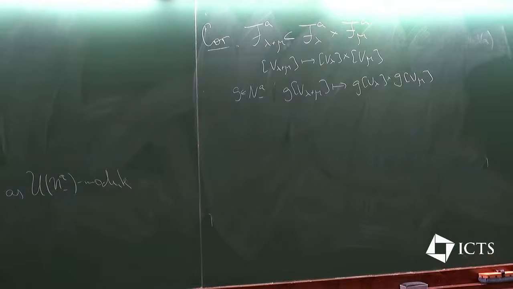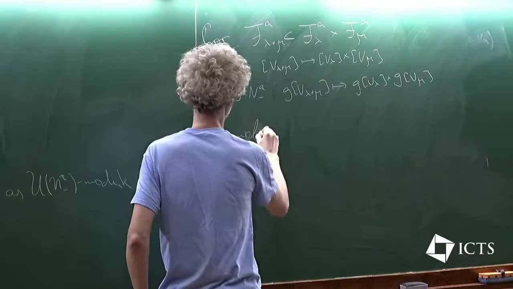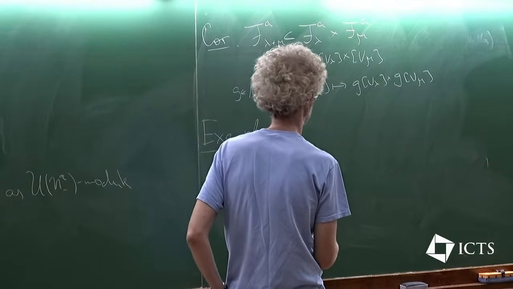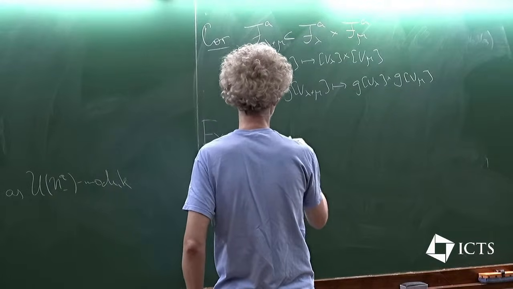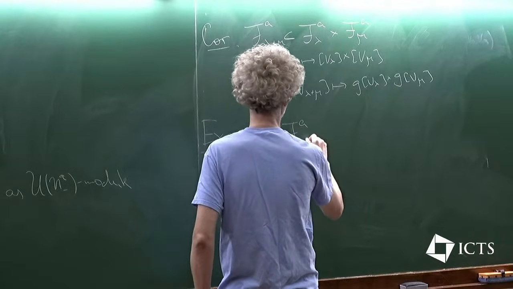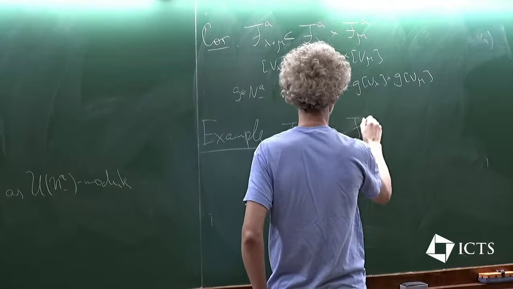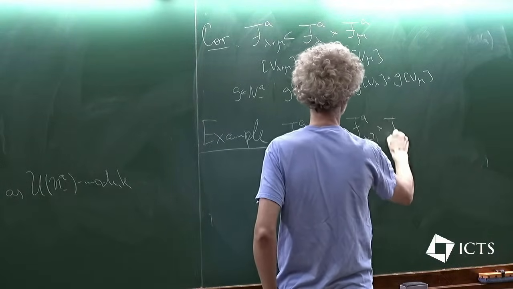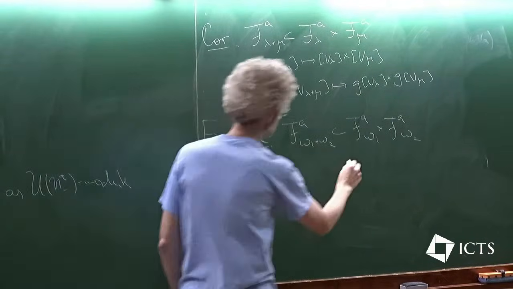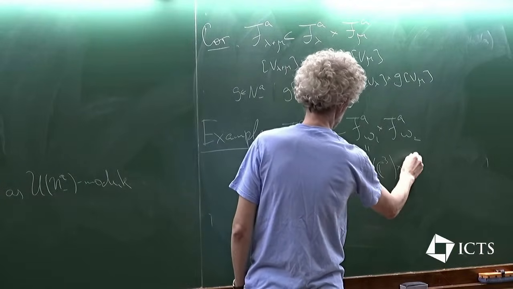In particular, getting back to the example, we have that F^a_{ω1+ω2} sits inside F^a_{ω1} times F^a_{ω2}, which is actually just Grassmannian Gr(1, C^3) times Grassmannian Gr(2, C^3).